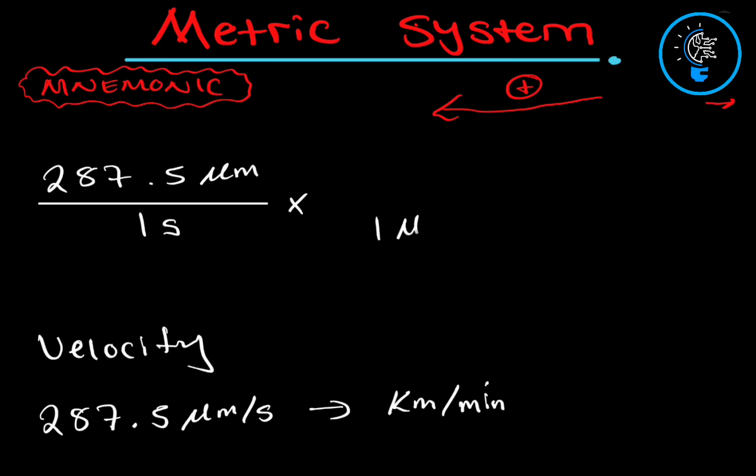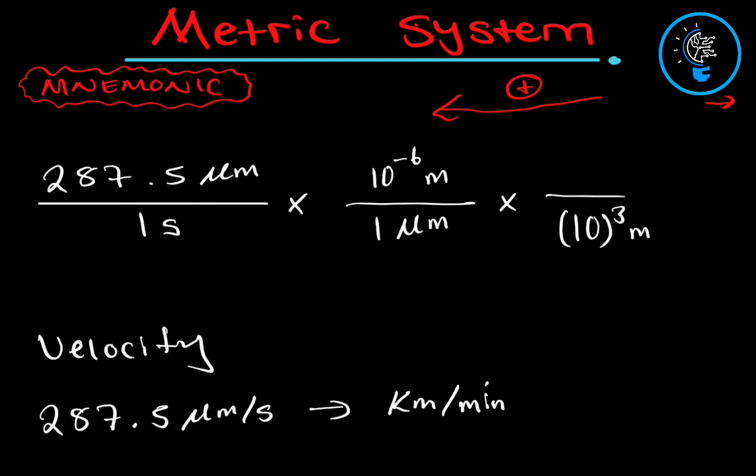Per every 1 micrometer, we have 10 to the power negative 6 meters. Then from there, we can convert meters into kilometers. Per every 10 to the power 3 meters, we have a kilometer.